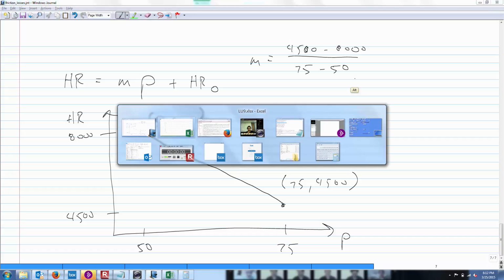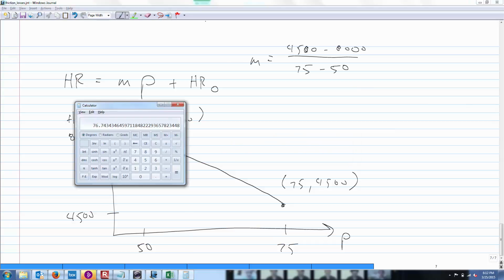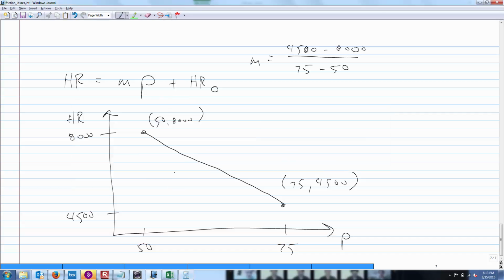So go back to our calculator. Not sure why I'm using a calculator when I've got Excel, but it's okay. 4,500 minus 8,000 equals, divided by 75 minus 50 is 25, equals negative 140.